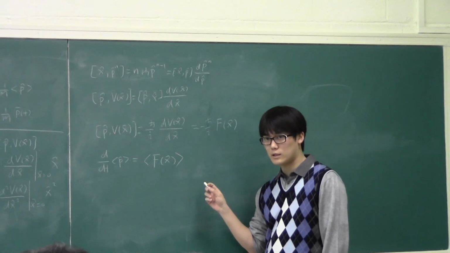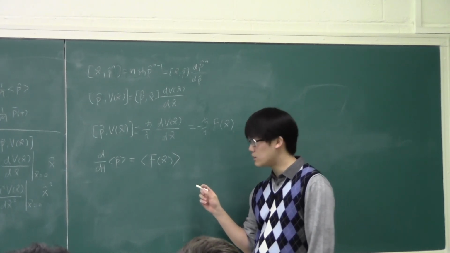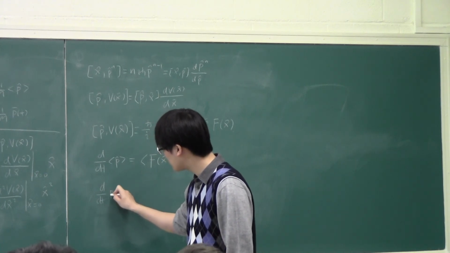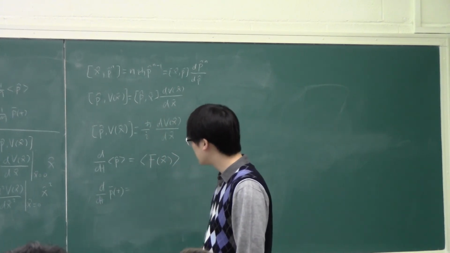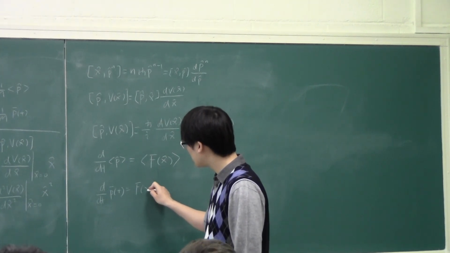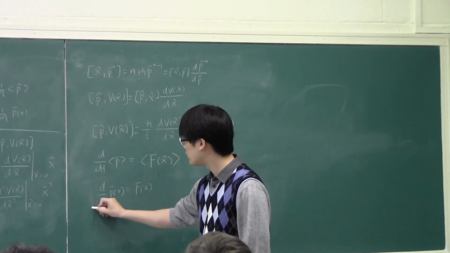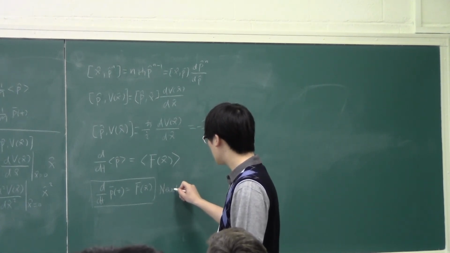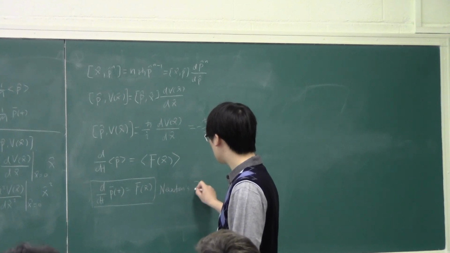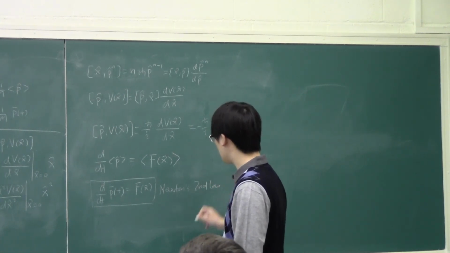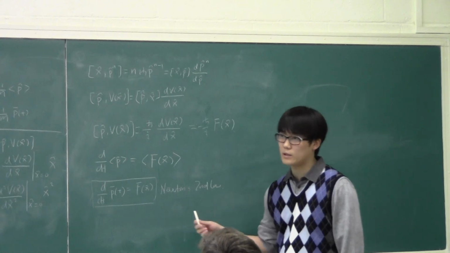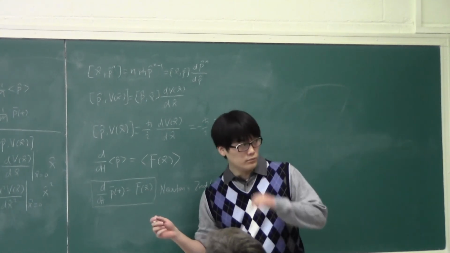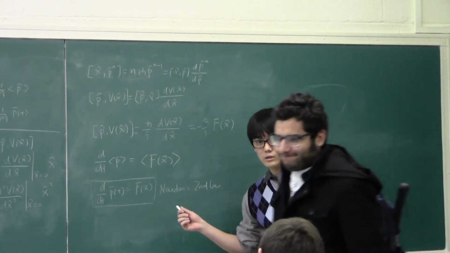So this almost looks like Newton's second law, right? Newton's second law would be written as, in terms of the expectation value, if we take these to be classical quantities, Newton's second law is certainly written in this form.